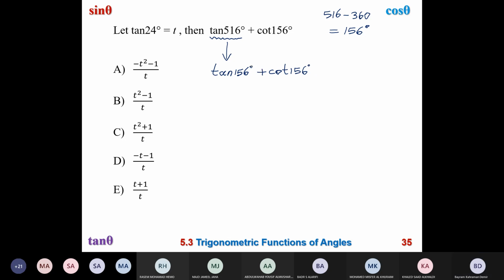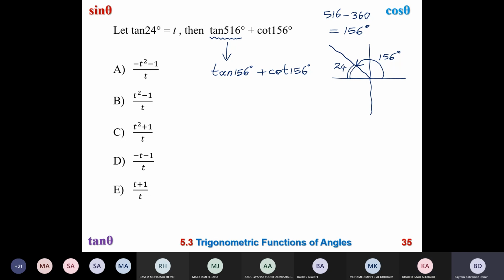So how do we calculate tangent of 156? Maybe finding the reference angle, but take care about the sign. How do you find the reference of 156? 180 minus 156. So this reference angle is 24, correct?